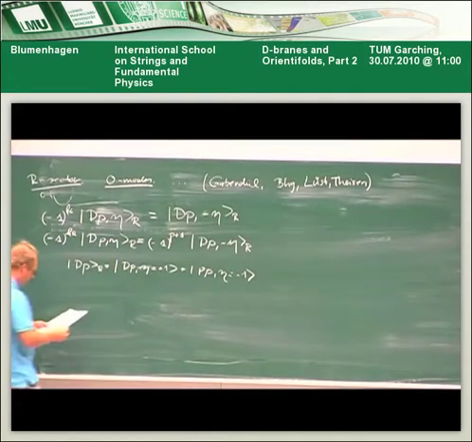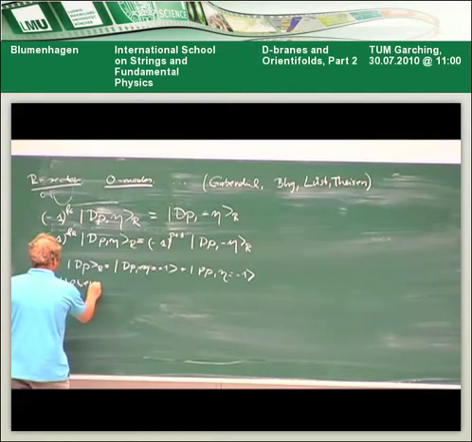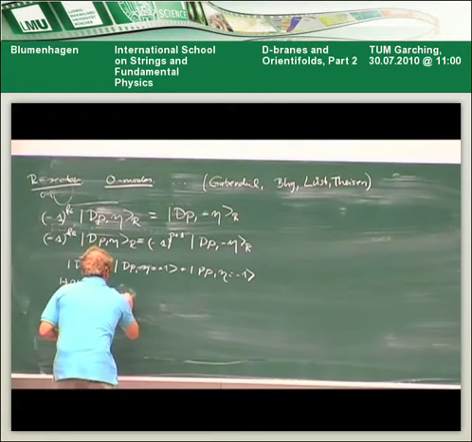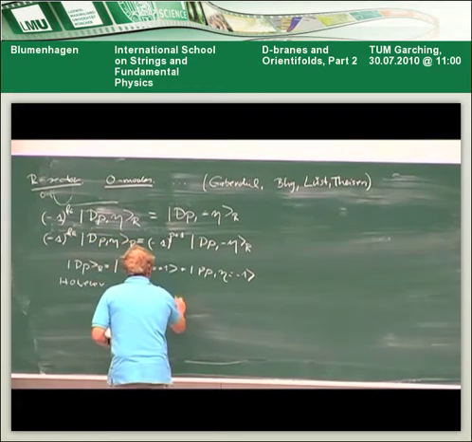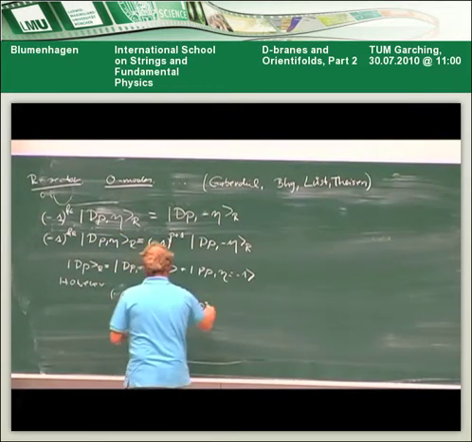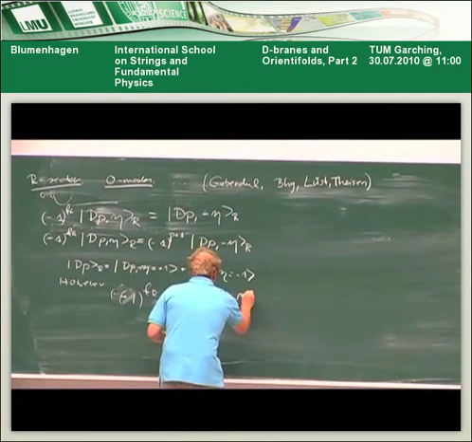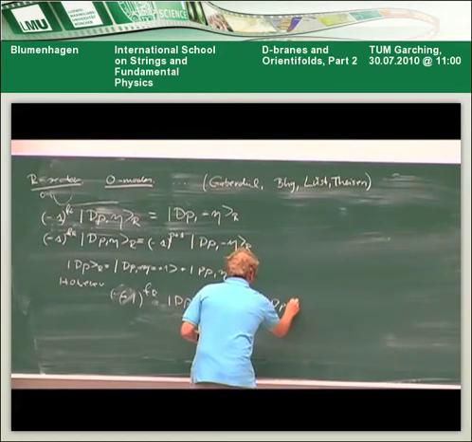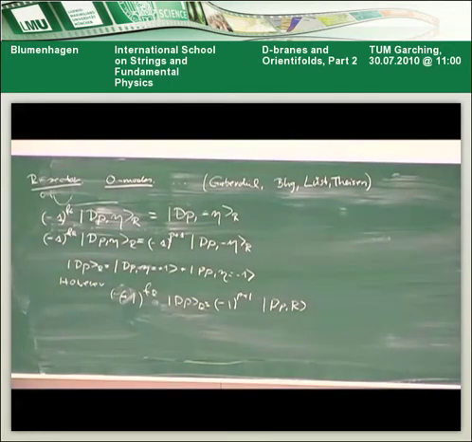Depends on p. However, if you take this one and apply (-1)^F_R to this state, you find, of course, that it's (-1)^(p+1) times the state. So we get this extra sign.